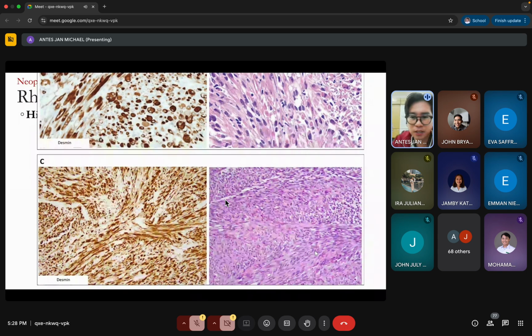So this is actually a spindle type rhabdomyosarcoma. So one thing is that if the slide may seem like leiomyoma or leiomyosarcoma or the spindle type rhabdomyosarcoma, one way of differentiating all of these differentials is just running it through the IHC.